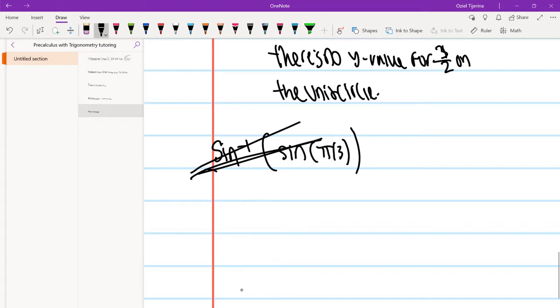I'm thinking it's like multiplying by the reciprocal, but it's not really that. It's basically canceling out. So if sine inverse and sine come together, they cancel out, and you're just left with pi over 3.